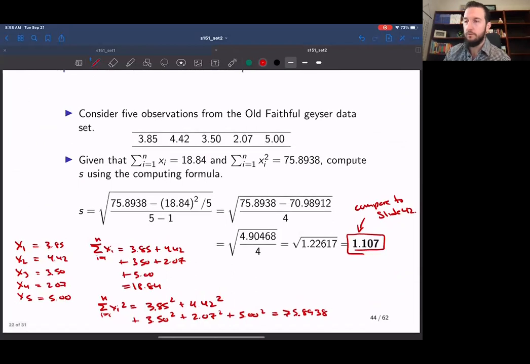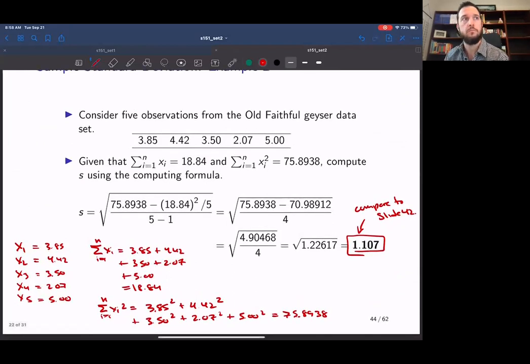Okay, and you'll see that those two numbers match up. Any questions?